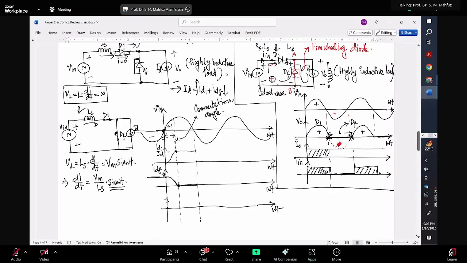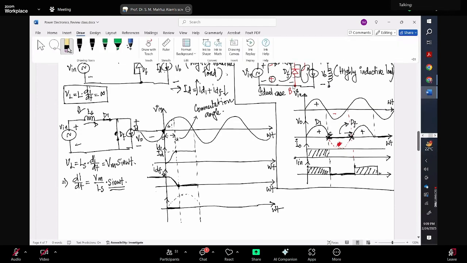So from here to here, although we should have the input waveform something like this, during this time my output should be 0, because diode DF is still operating from 0 to U. And as soon as the current through diode DF goes to 0, this diode will be reverse biased. And if there is no diode operating here, what will happen?